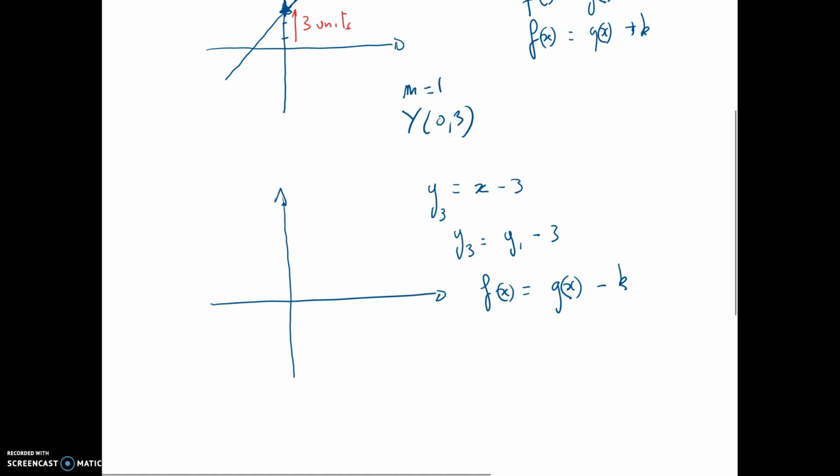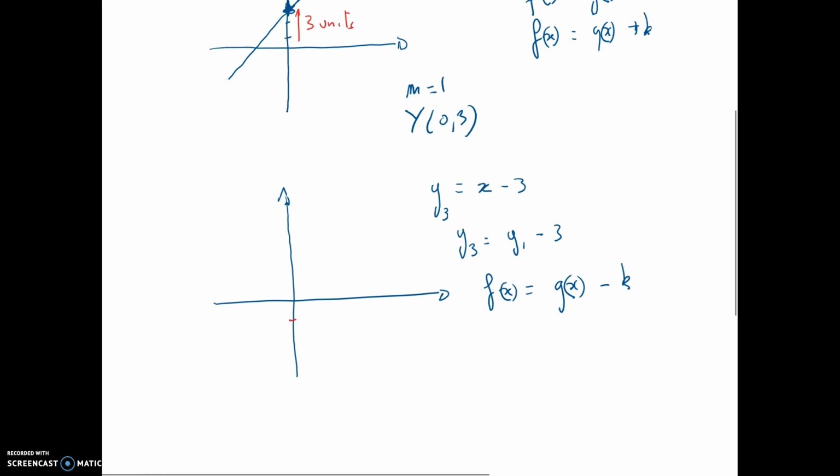So y1 is going to go down 3 units, 1, 2, 3, and I'm going to have a line like this. I try to have all these lines parallel to each other. Why? Because if you take a look at the slope of this line, again, the slope equals 1, and the y-intercept is 0, negative 3. This is where you have your y-intercept.